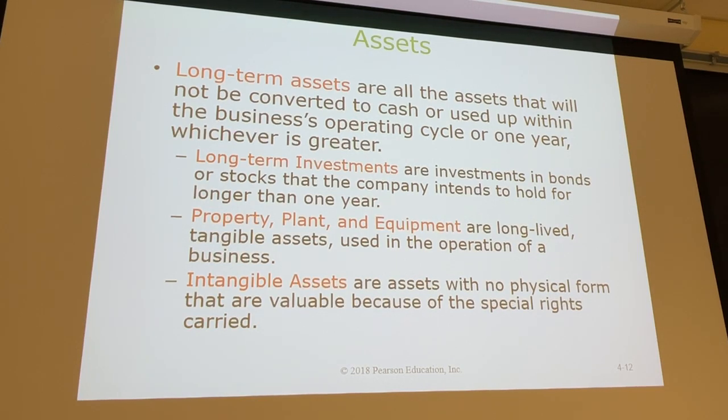Intangible assets would be things like copyrights or patents or franchise agreements, things that we own that are valuable, but they have no physical form. When we get to chapter 9 of the book, we will be studying property, plant, and equipment in more detail, and we'll also be talking about intangible assets.